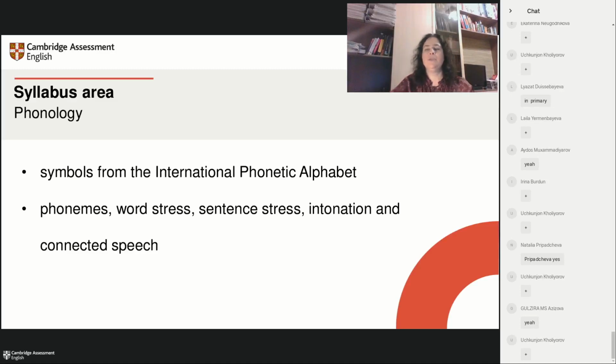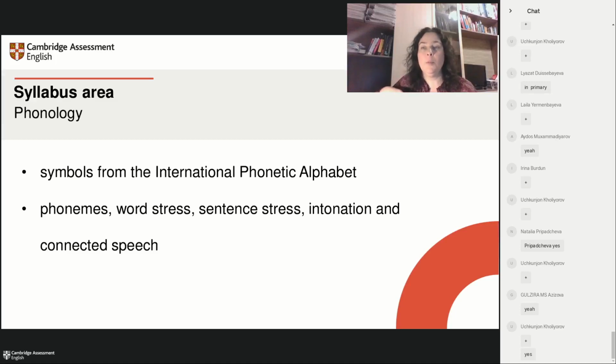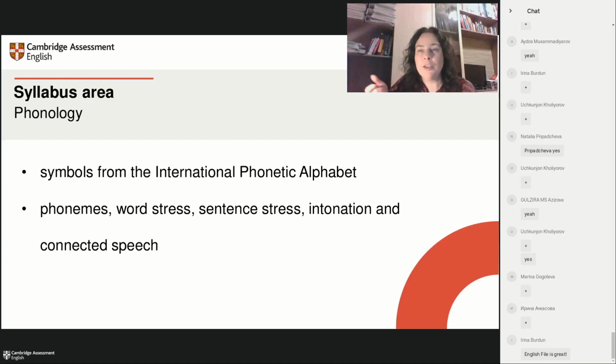It's really helpful. In English File, they are also using pictures to make the whole thing memorable, and that's what some other experts do when they share their phonemic charts. There is an example there, and sometimes there is a picture to help students remember that. I agree, Rina.